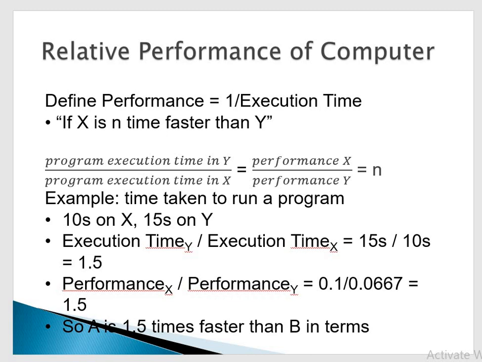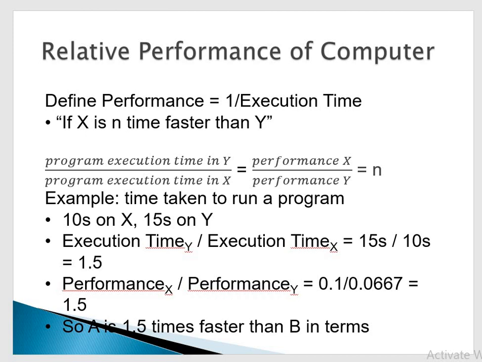As given in the above equation, it is the execution time of Y divided by the execution time of X. So 15 seconds divided by 10 seconds, so the value of n will be 1.5. The meaning of this is that computer X is 1.5 times faster than computer Y, because the execution time of Y is 1.5 times more than the execution time of X.